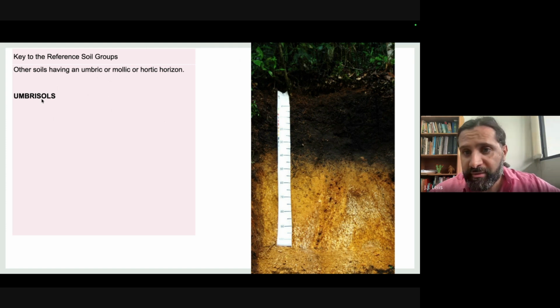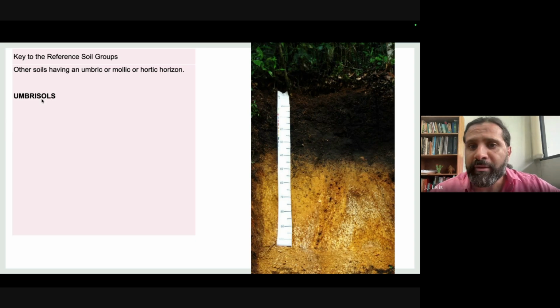So to identify an organic layer in the WRB, I must identify at least 20% of organic carbon. So to classify a soil as a histosol in the WRB, the minimum content is 20%. But as I said, in soil taxonomy, it's just 12%, in some cases 8%.